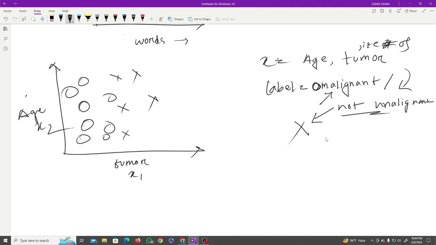So if your input is on this side, you'll say okay, it is malignant. And if your input gives a result on this side, you will say it is not malignant. So you will have some sort of result in yes or no, 0 or 1, malignant or not malignant. Then another example.